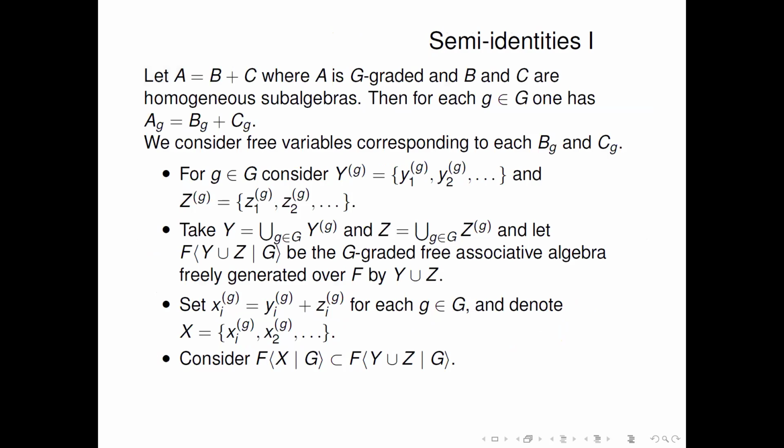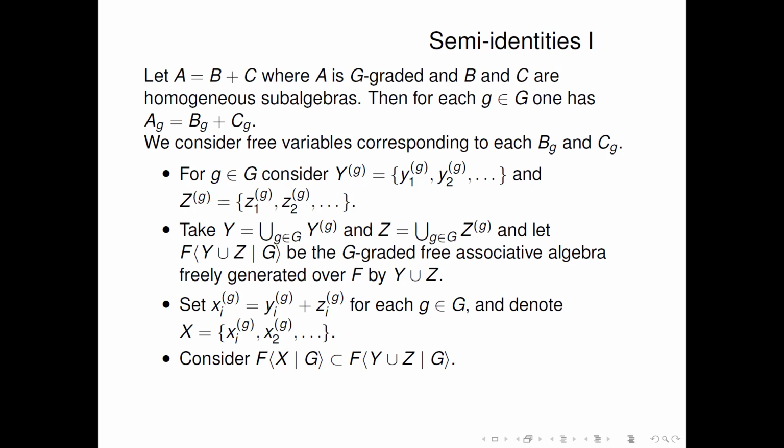Now, a bit concerning semi-identities. I take A, which is the sum of B and C. Once again, in this situation, A is graded, B and C are homogeneous. Then clearly, for each g, you have this decomposition.